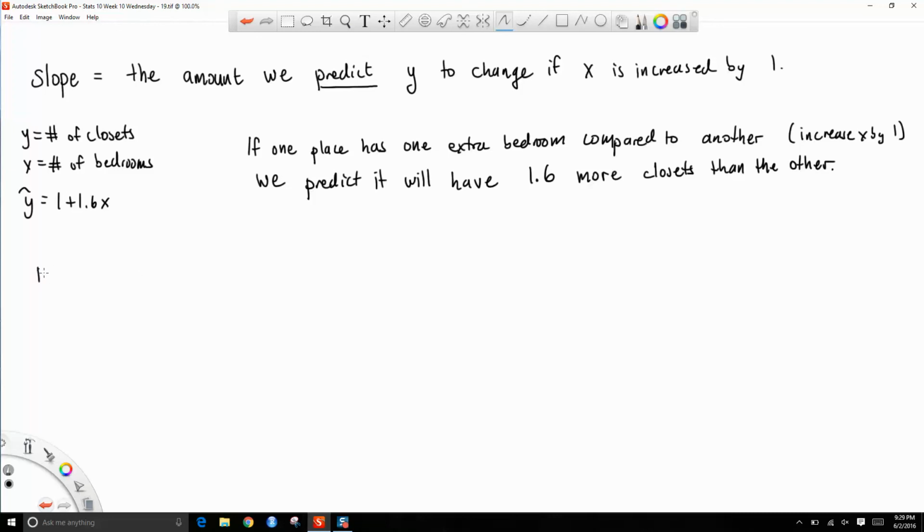As far as the intercept goes, this is our prediction for y if we set x equal to 0. Now, in some cases, you can't set x equal to 0.